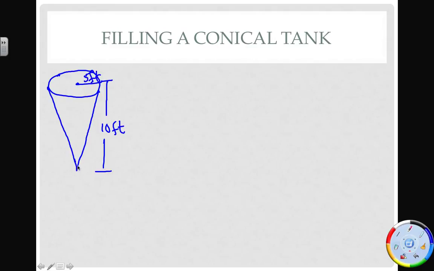And we have some water being filled up in here. Somewhere in here is where the water level is at, and we're going to call this level h. We're going to call that radius r, because we don't know what that radius is right now.